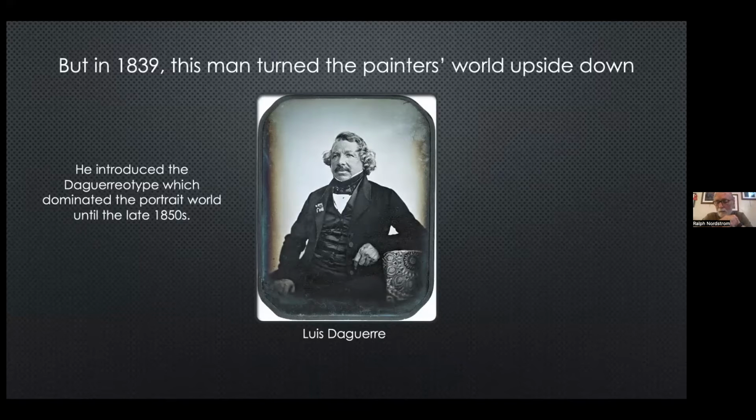It's made light sensitive by exposing it to iodine vapor, and then you can take photographs and process them. And he worked out this whole process where you could take portraits, and instead of having to sit for who knows how long in front of a painter and wait who knows how long for them to deliver the final product, you could get the product that same day or the next day.